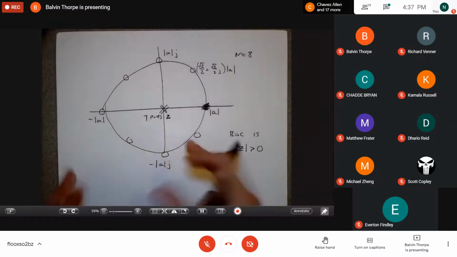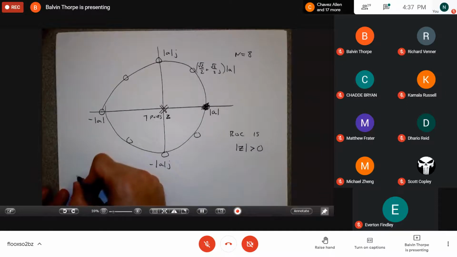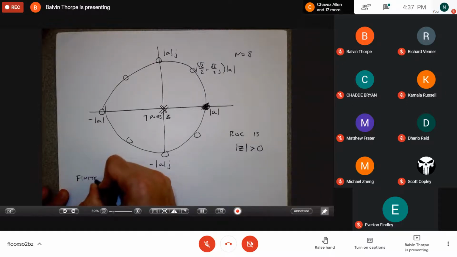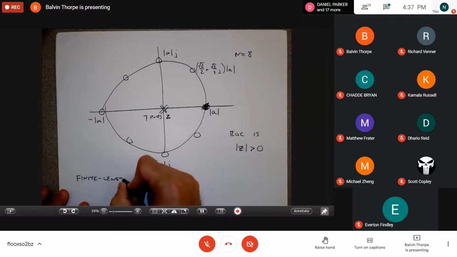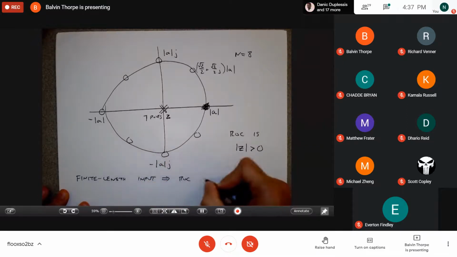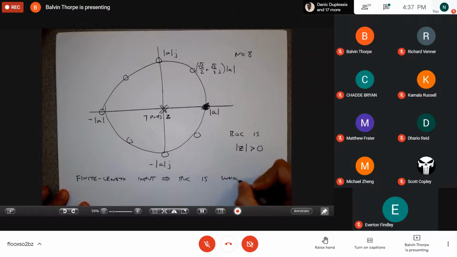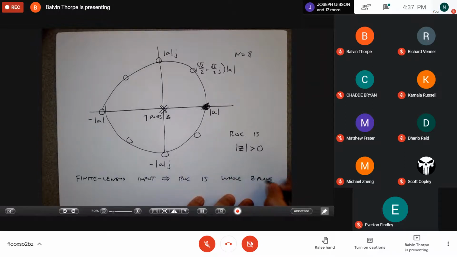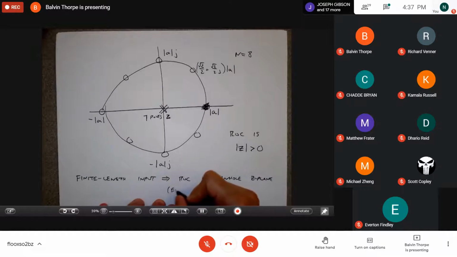So here, this is an illustration of a finite length input means that the ROC is the whole z-plane, except possibly z equals 0.